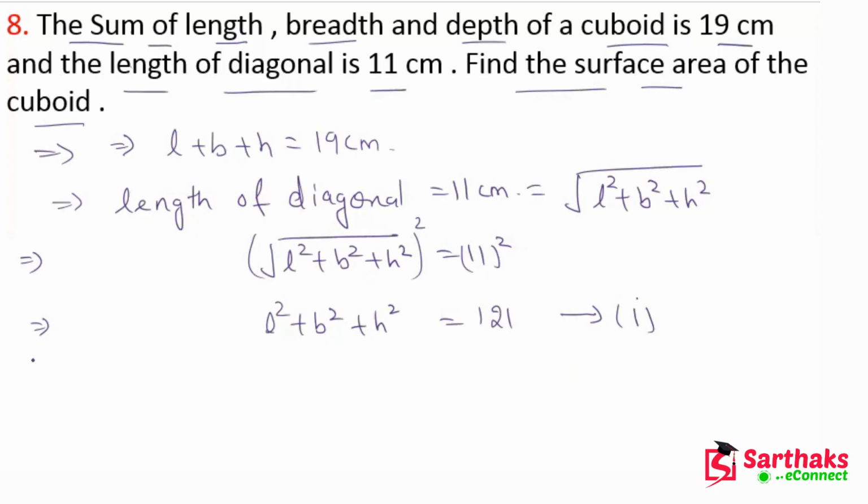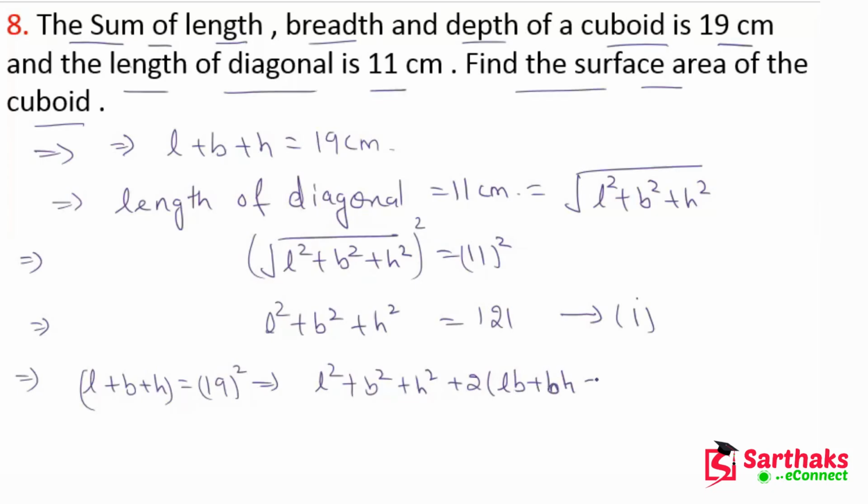Okay. Now we have L plus B plus H equal to 19. If we square both the sides, we get L square plus B square plus H square plus twice of (LB plus BH plus HL) equal to 361.